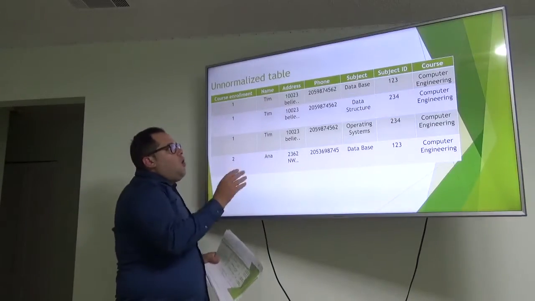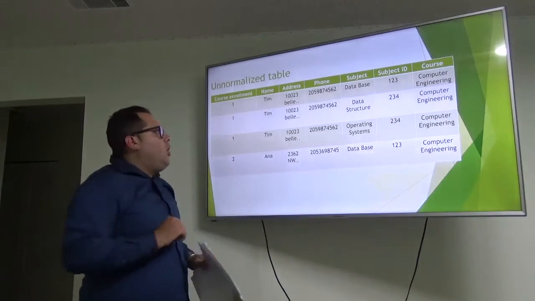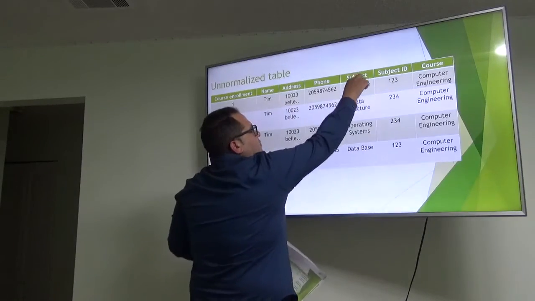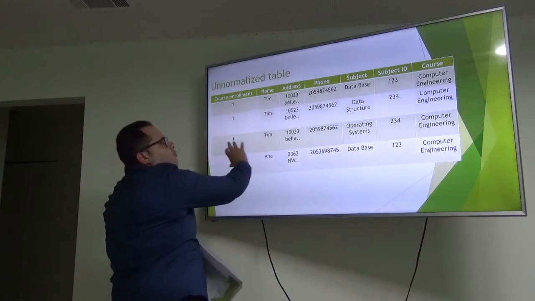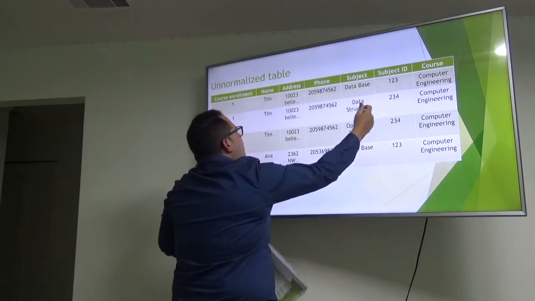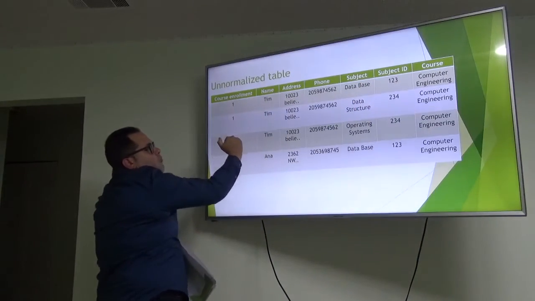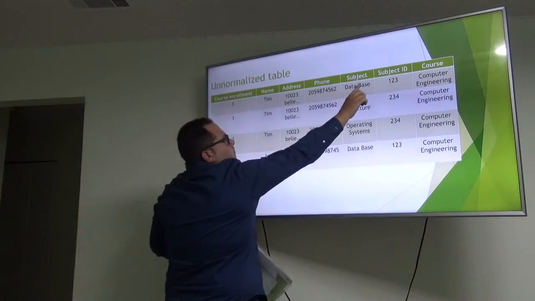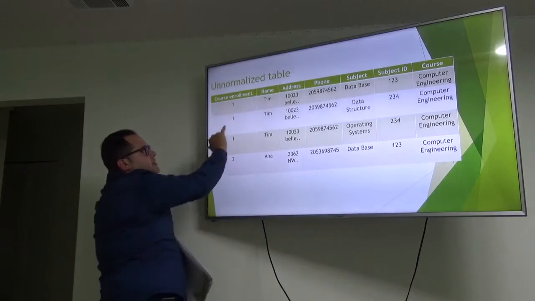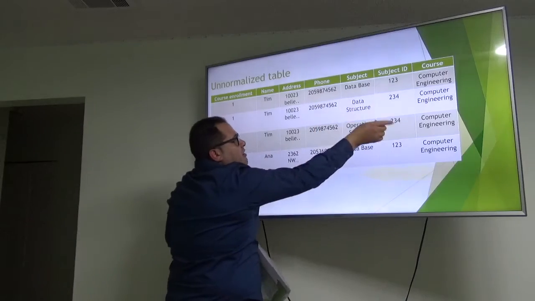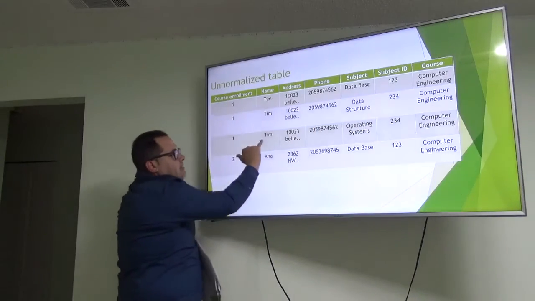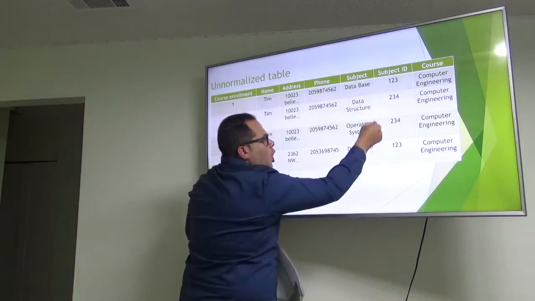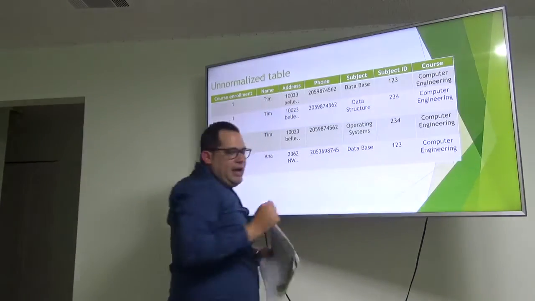If we analyze the table, we see we have the column subject and the subject ID inside of this table with the same record. Okay, Tim has database, and Tim has the same information but with another subject, and the same information with another subject and another subject ID.